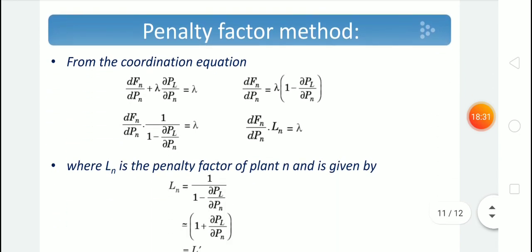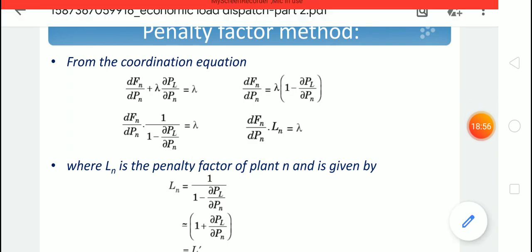Next, another method for finding the economic load dispatch problem is the penalty factor method. From the coordination equation, that is ∂Fn/∂Pn plus lambda into ∂PL/∂Pn equal to lambda, we can write ∂Fn/∂Pn equal to lambda into (1 minus ∂PL/∂Pn).